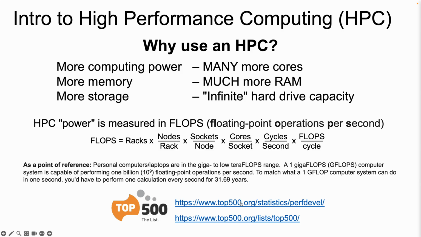Now, if we shift over, these links are a website that keeps track of the performance of HPCs. I said that your laptop can do about a gigaflop. That's where high performance computing was back in the 90s.